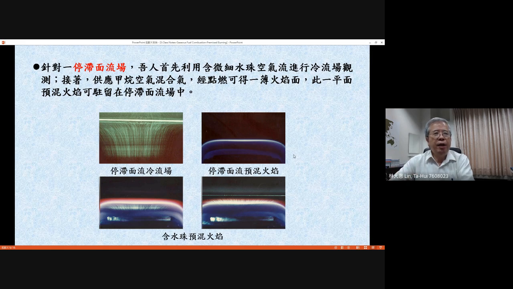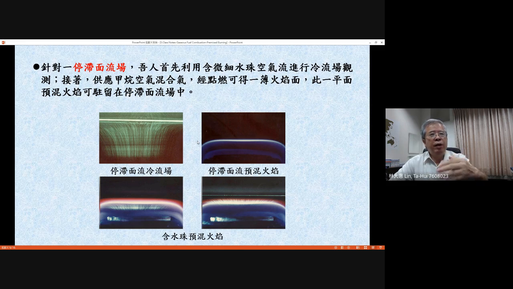Why? The reason is for a given premixed flame, usually you will give a concentration for the premixed flame. For example, you will have 9.5% methane. That means you mix the methane with air at 9.5%. You can change the concentration to 6.5% for a specific concentration.